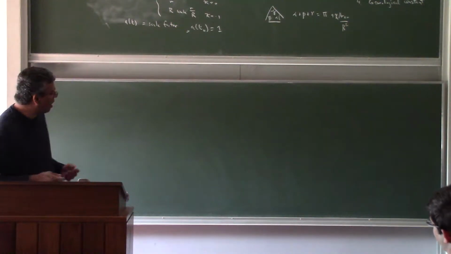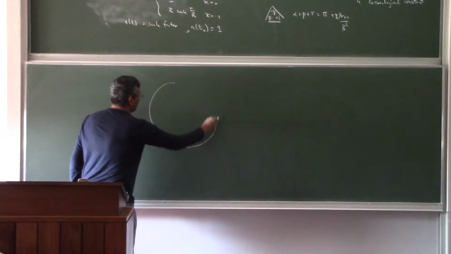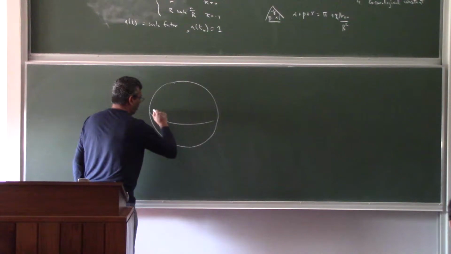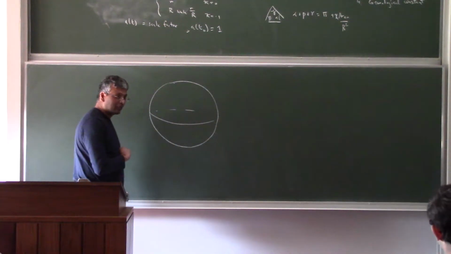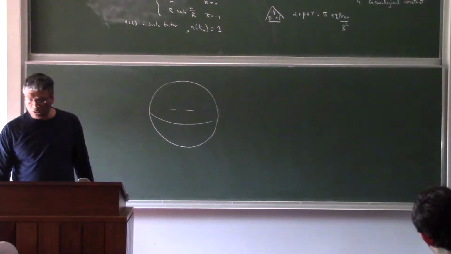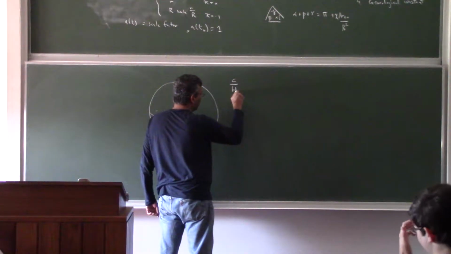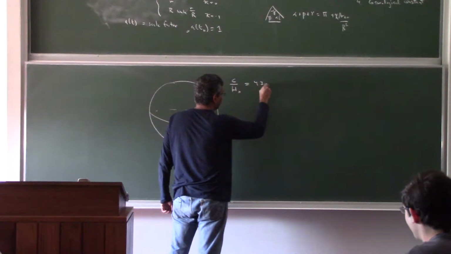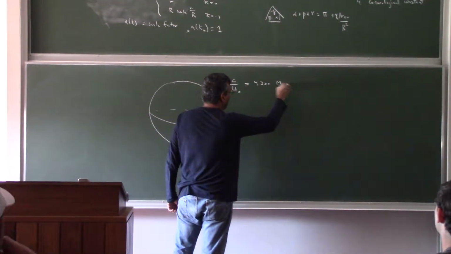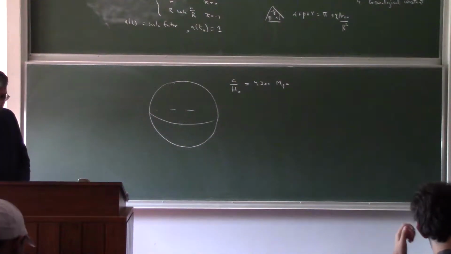Suppose the universe is positively curved. If it's positively curved, the spatial sections are sphere-like. If we determine that the Hubble distance is c over H0, this works out to 4,300 megaparsecs. So let's suppose that the universe is positively curved.